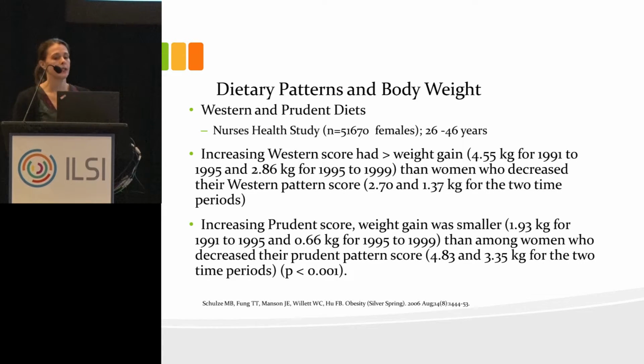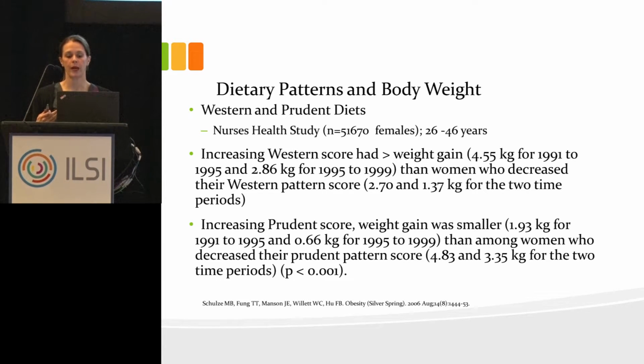So now we're going to look at weight, and I'm pointing this study out. I'm not going to show you a lot of graphs and figures, but I wanted to make the point that it might be the patterns and the way that they exert their effect on weight status that modifies a lot of these chronic disease endpoints that we're looking at. So looking longitudinally at the Nurses' Health Study, women who had persistently high Western pattern scores gained substantially more weight than women who decreased their Western pattern score.